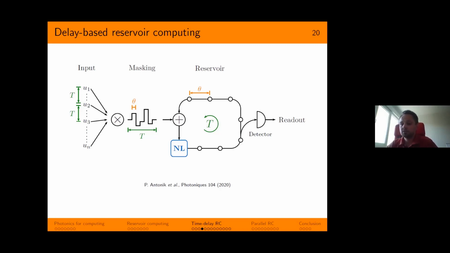The first one is to slightly desynchronize the time during which the input is held constant and the round-trip time, big T. So for instance, if we have 50 nodes in the system, we apply an input mask of 50 values, so periodic by 50, but we divide the loop in 51 segments, or 52, or 53, depending on the length of the desynchronization.